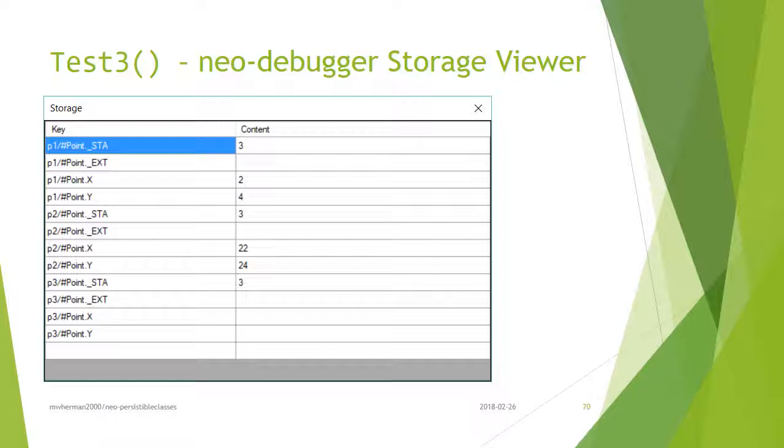So here we're looking at it in storage, and you see the storage keys for the basic persistable level, where we're just using strings or byte arrays for the keys. Don't worry about these entries that have nothing in the content column. That's just how the storage viewer displays zeros currently.